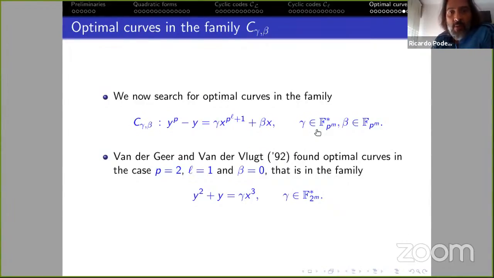So if we now want optimal curves in this family, for instance, Van der Geer and Van der Vlugt found optimal curves for this family, but in this particular case.